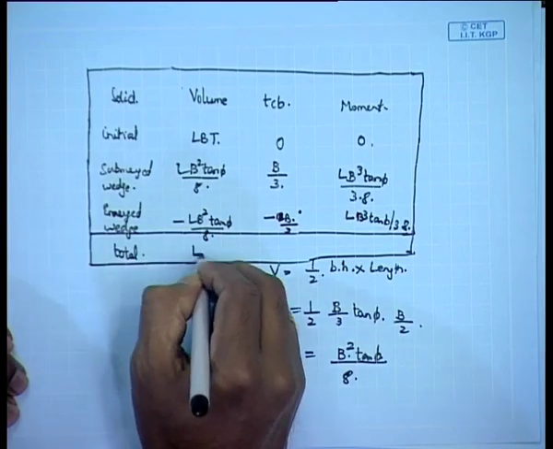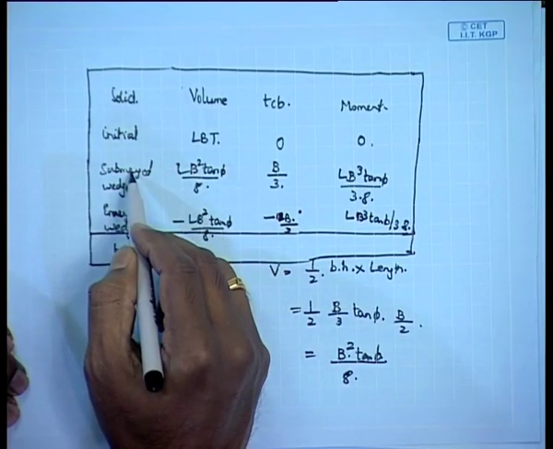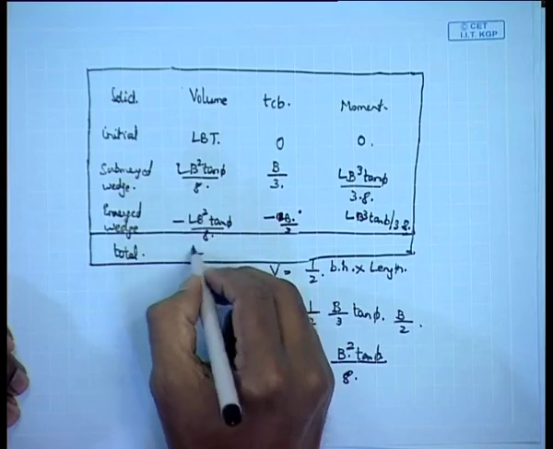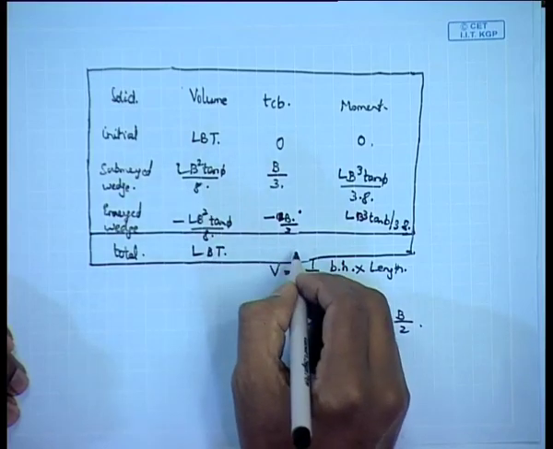We will have, summing this up, summing the submerged wedge and the emerged wedge and the initial, the total is LBT.